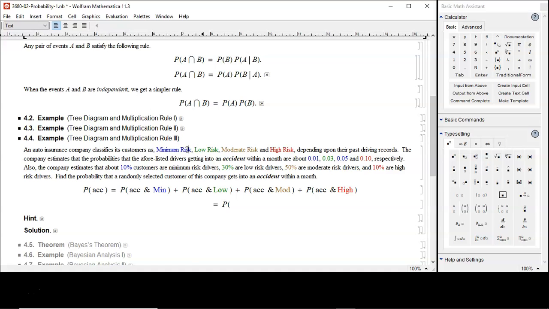So the condition part is minimum risk. So probability of condition times conditional probability. That's the multiplication rule, isn't it? So that's the same as minimum risk driver times going to accident, given that the driver is a minimum risk driver.